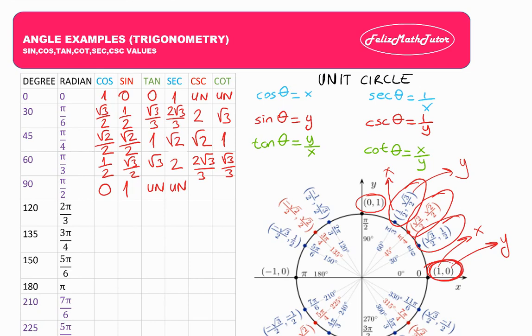For cosecant, I will get 1, and cotangent x over y is equal 0. Okay, so after that point, I will find same values but different signs until that part.